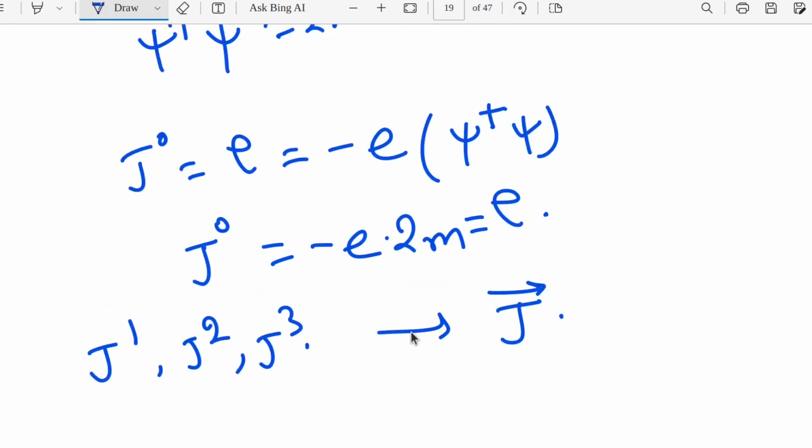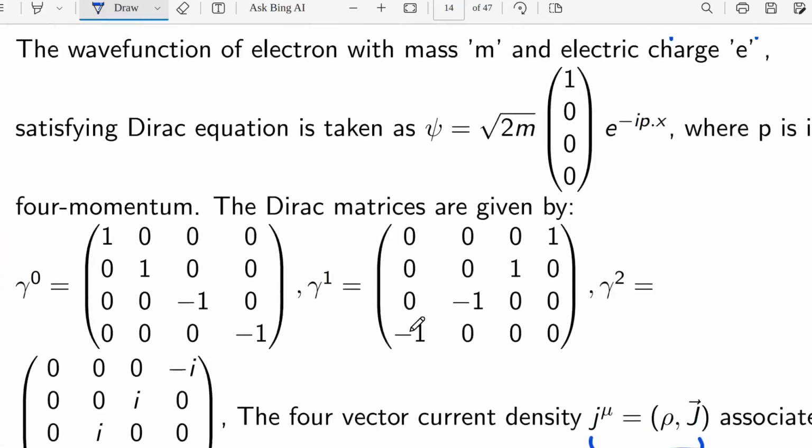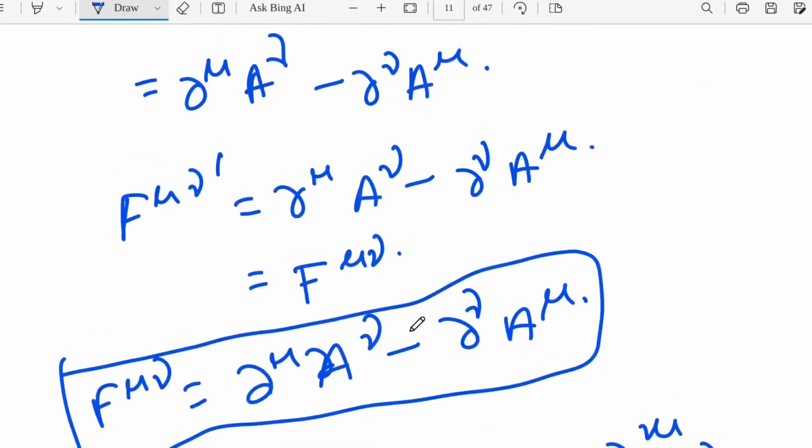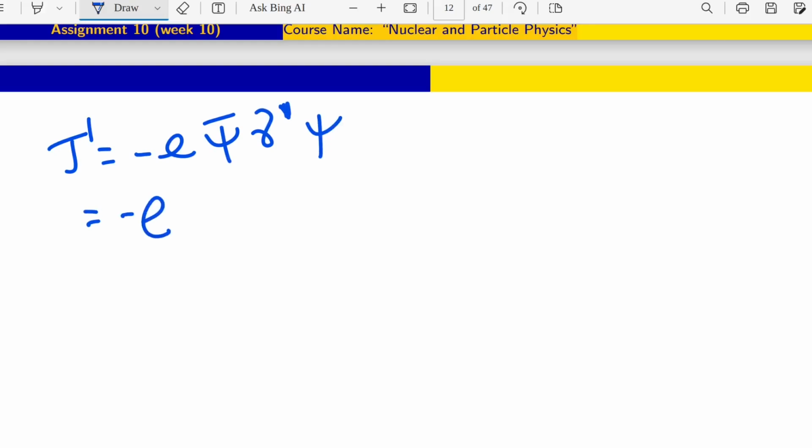I don't have any space here, but I can write here as well, no problem. J1 can be written as minus e psi bar gamma 1 psi, because that was psi bar gamma^μ psi. Now it will be psi dagger gamma 0 gamma 1 psi.